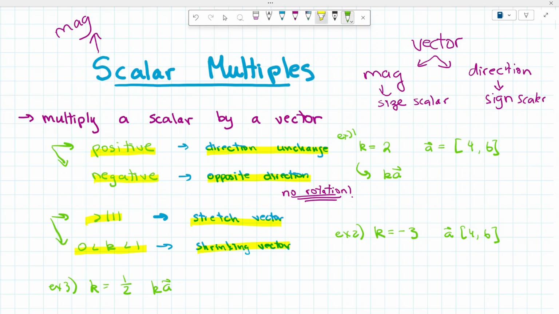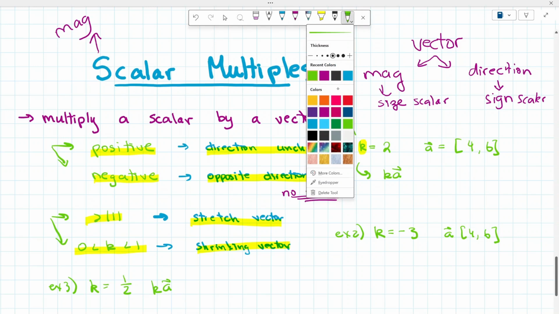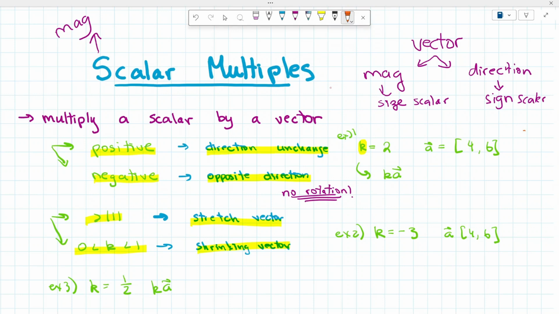We're going to denote a scalar as some k, okay? For this example, our scalar is equal to 2, and we have some vector a, which is (4, 6). We want to calculate the scalar multiple k times a. So what does this equal? We simply write out 2 and then our vector (4, 6), and we distribute it like we would any other polynomial.